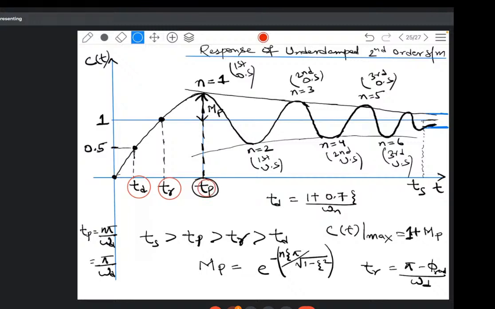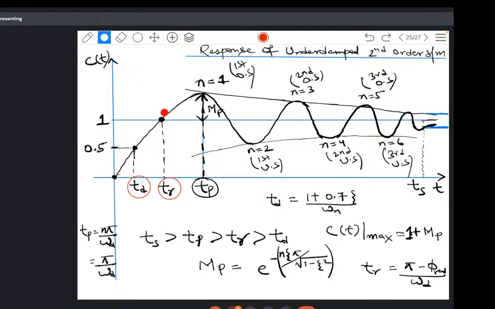Peak time was the time taken by the response to reach the maximum level of the first overshoot, because the first overshoot only will give you the maximum value of the response. So it is the time taken by the response to reach the peak value of the first overshoot.